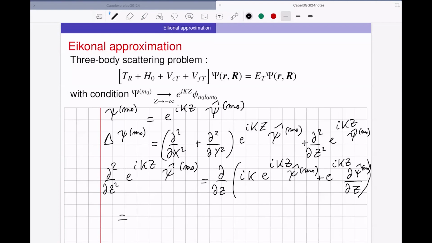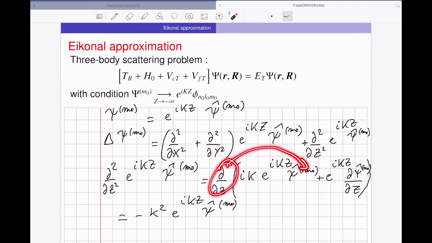And so this will be equal to, I reapply that, so I will have minus k squared... then this will work on this, but then it will also work on this one. So I will obtain twice the same term.